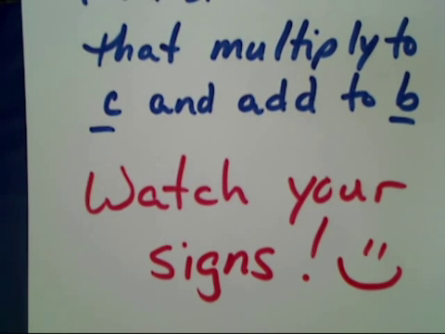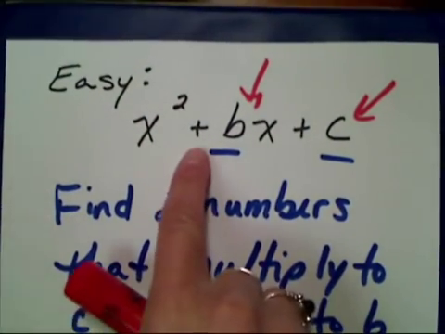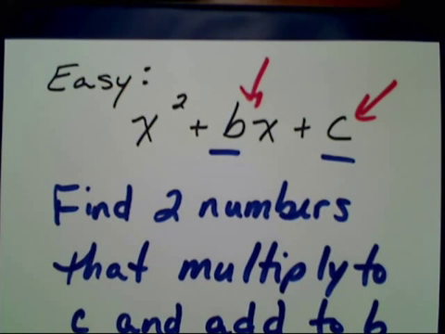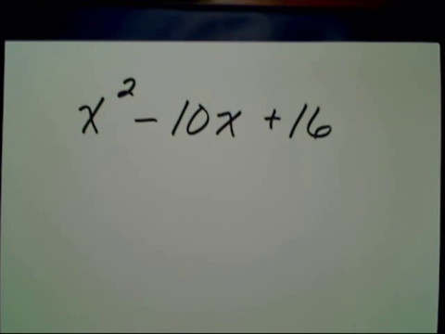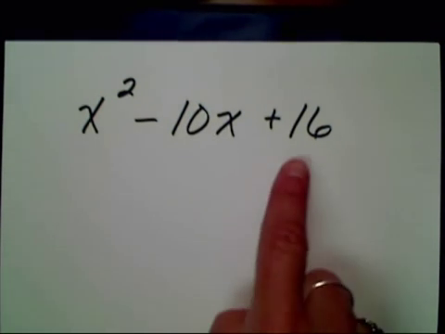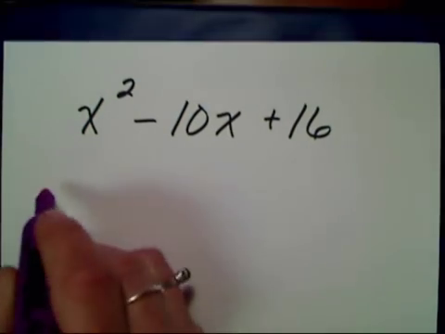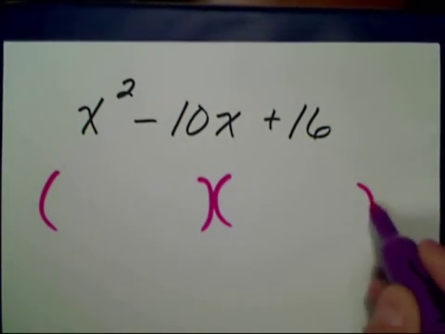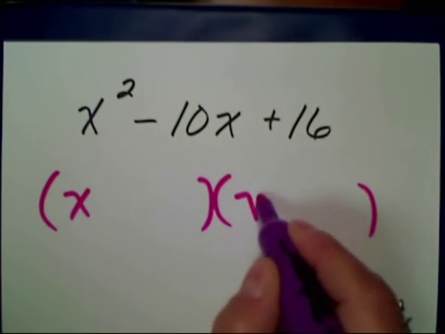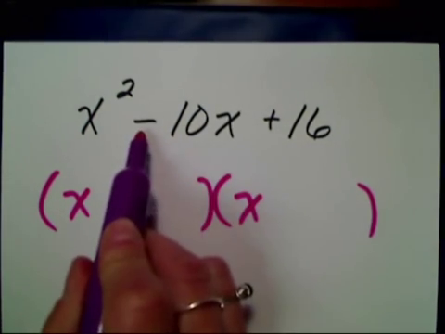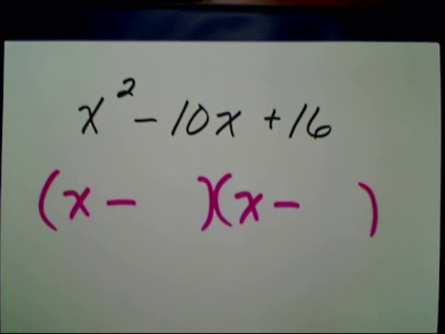If c is positive, then both signs will match what b is. Let me say that one more time. If c, the constant at the end, is positive, then both signs in your parentheses will follow b. b is negative, so in this case, they're both negative.